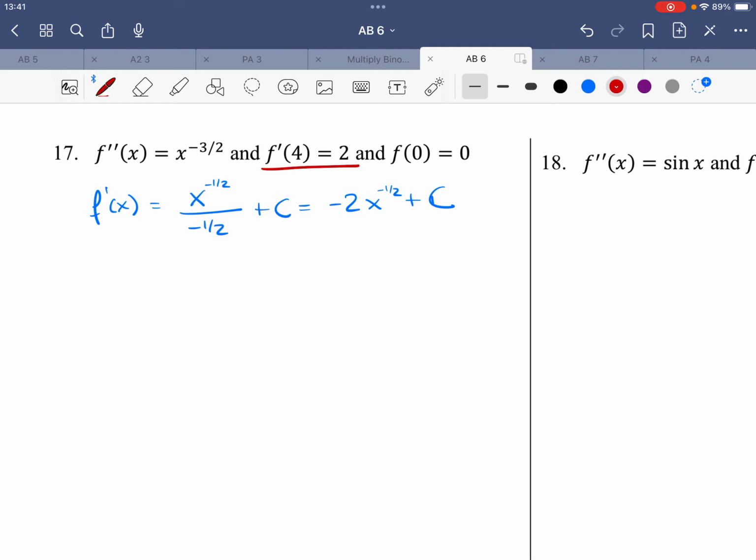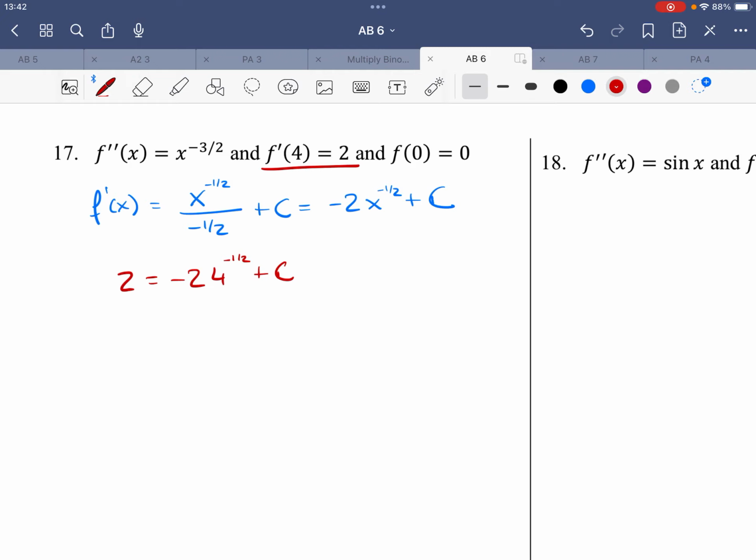When I apply that condition, I said that f prime has to be 2 when x is 4. So negative 2, 4 to the negative 1/2 plus c. Okay, 4 to the 1/2 is the square root of 4, so that's 2.